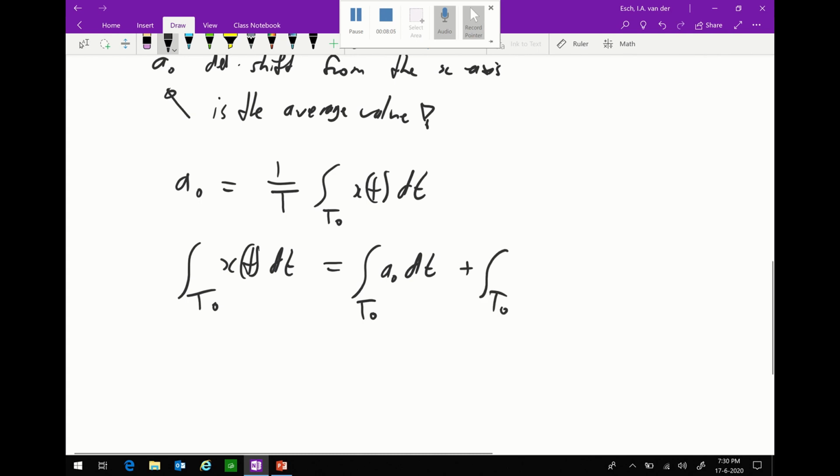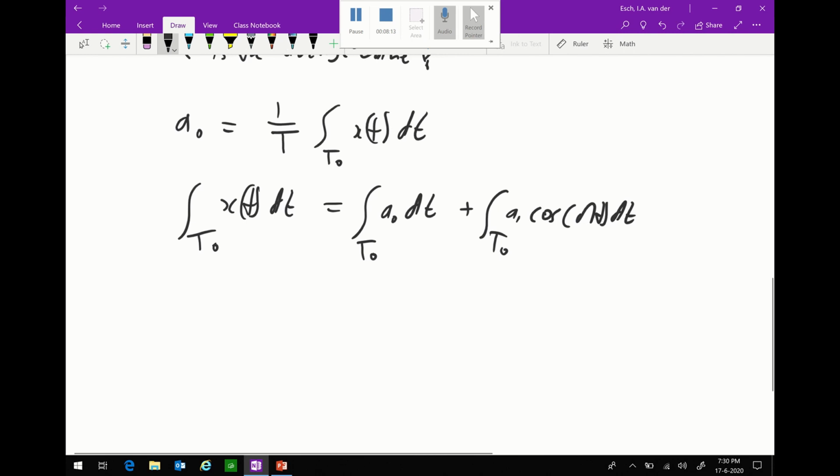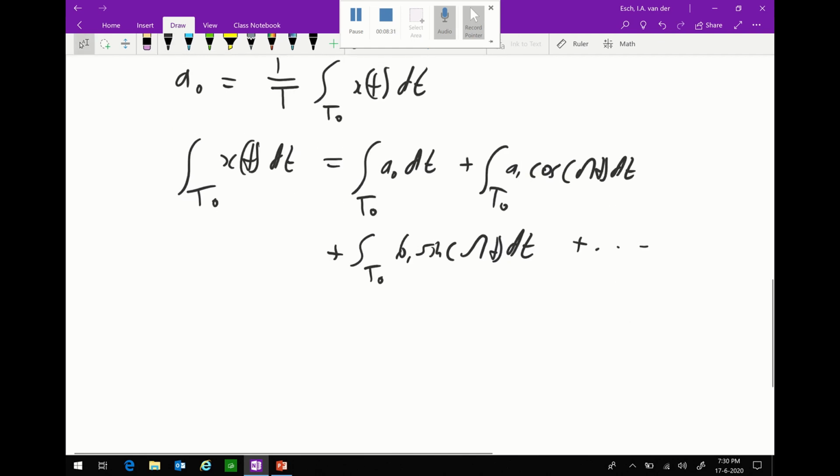plus the integral over T naught of a1 cosine omega t dt, plus the integral over T naught of b1 sine omega t dt, etc., plus all the n terms. And if we integrate a periodic function over one period, it's just 0. So all those terms become 0 except for this one.